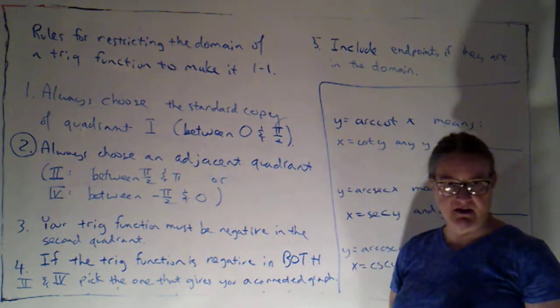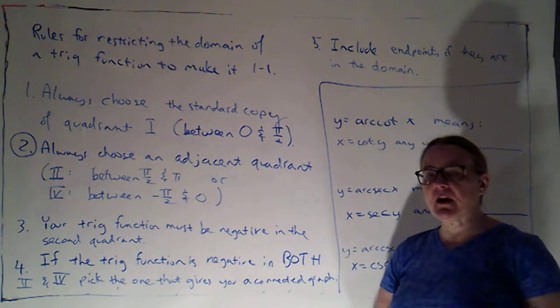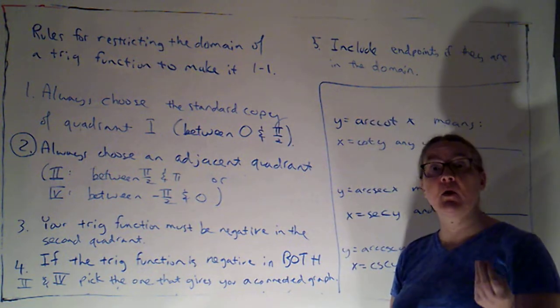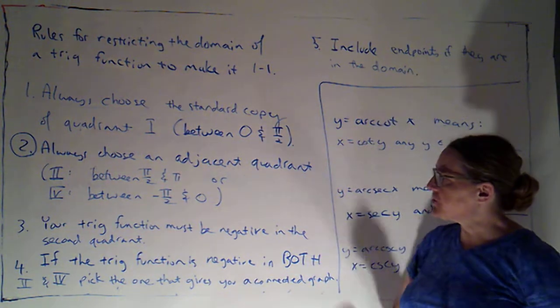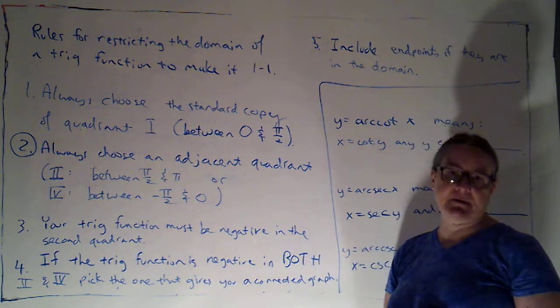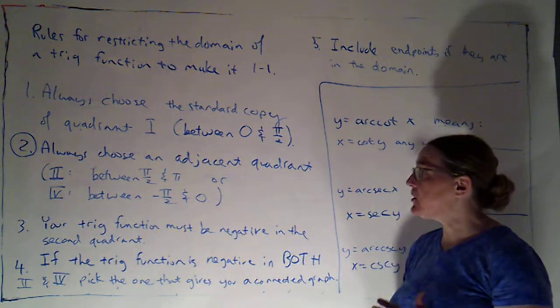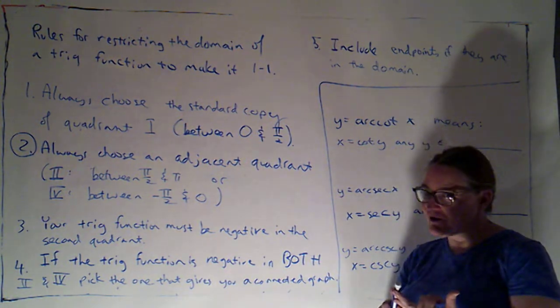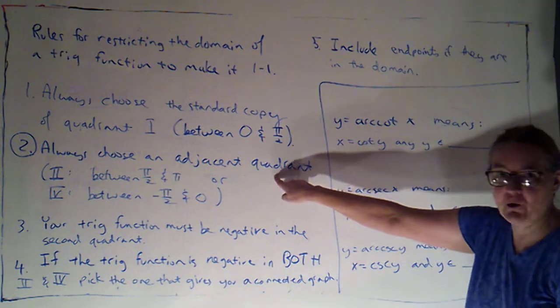Seems perfectly reasonable. I'll talk a little bit about why the other option is out there, but I just want you to be aware of that. Unfortunately, because we don't agree, the definitions vary from textbook to textbook. With the trig book that we use here at Saddleback and the pre-calc book that we use, this is the rule.